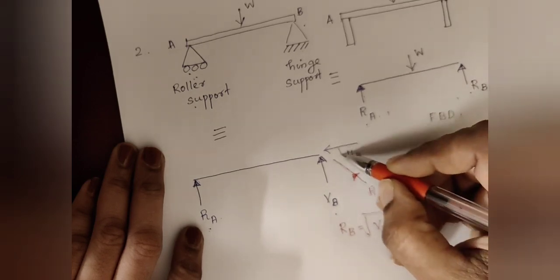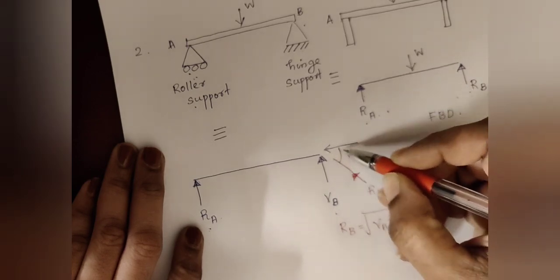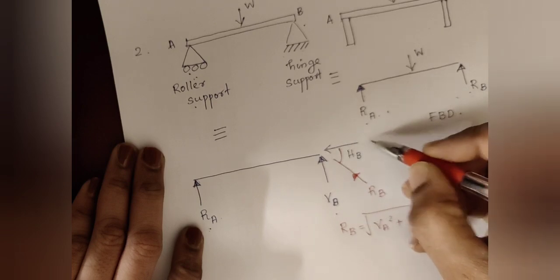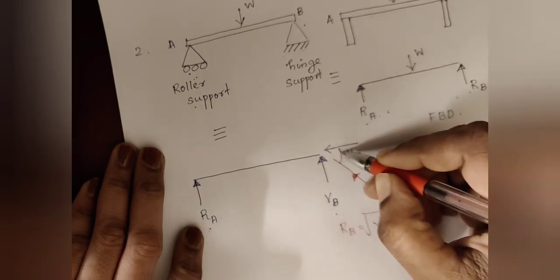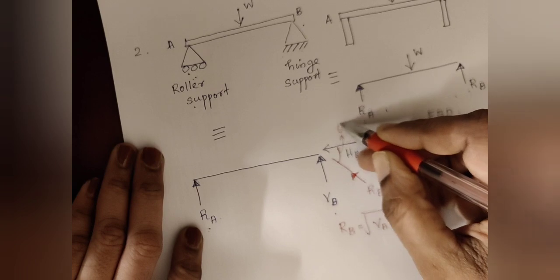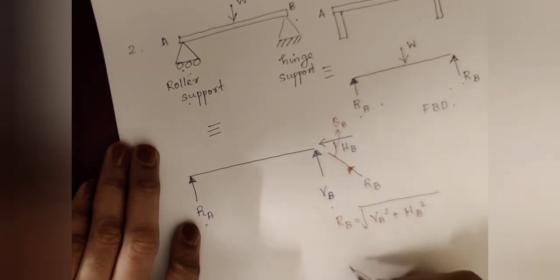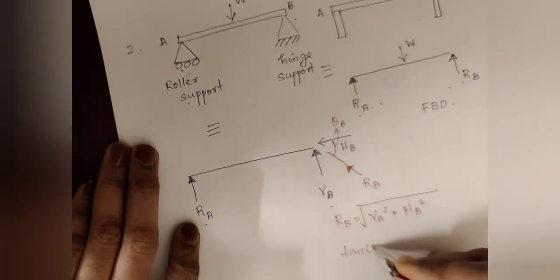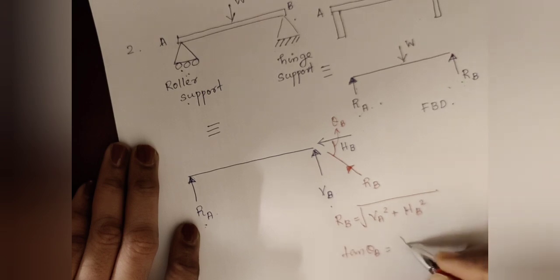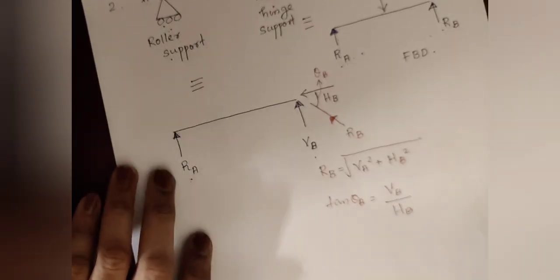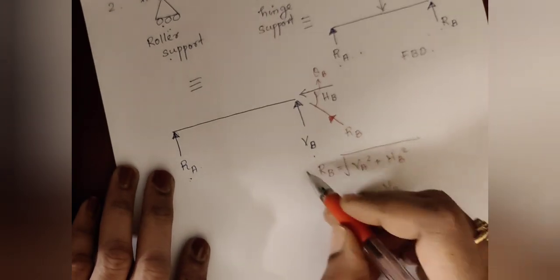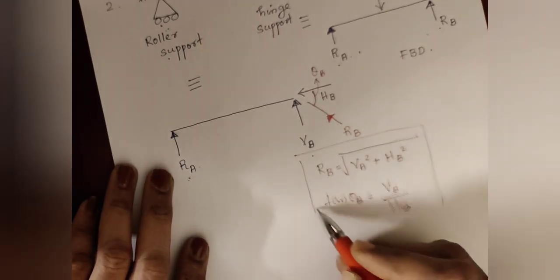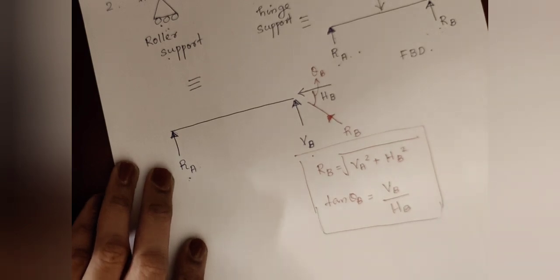Again you have to calculate the inclination of RB with the horizontal line. You can assume this inclination as theta B. Tan theta B is equal to VB divided by HB. This is the final step after calculating the reactions.